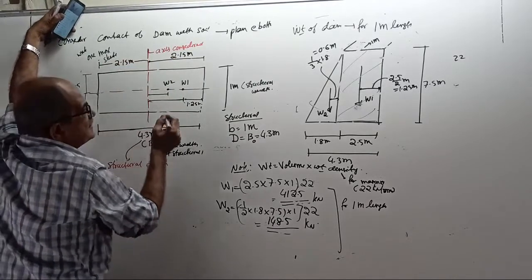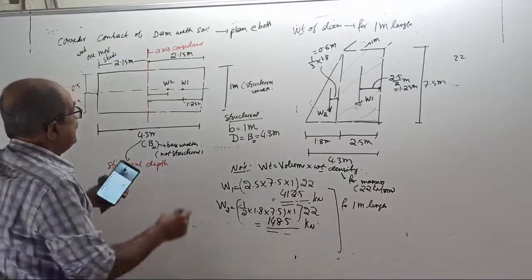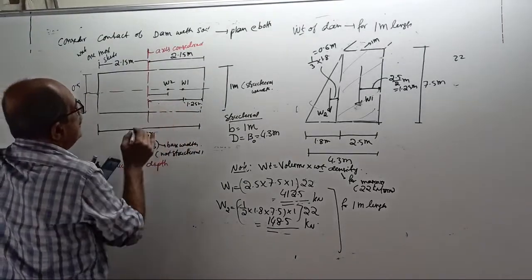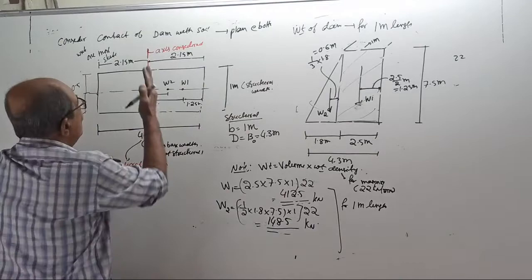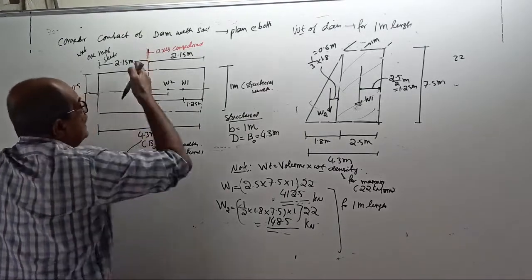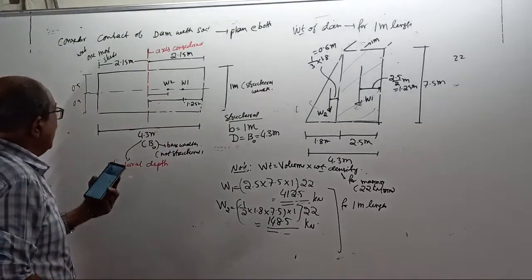Tell me this distance from the centroidal axis: 3.1 meter.